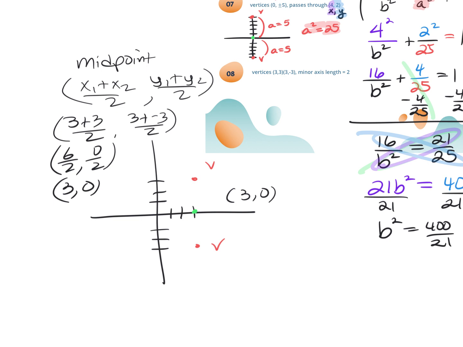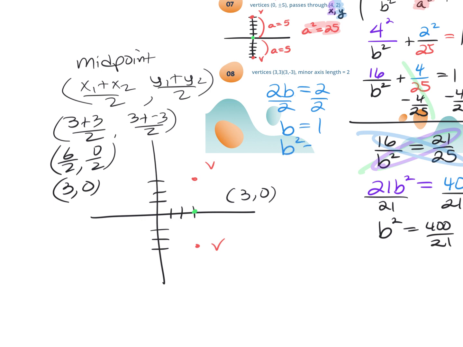So the next thing they gave me is the minor axis length. And remember back on slide 3, I told you that the minor axis length was equal to 2 times B. So 2B equals 2, divide by 2, so B is equal to 1.